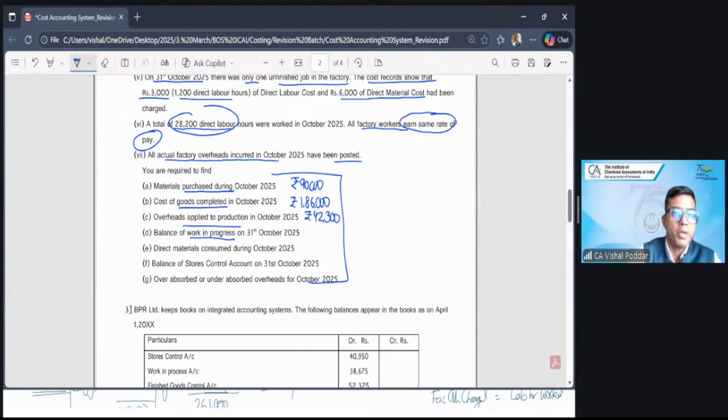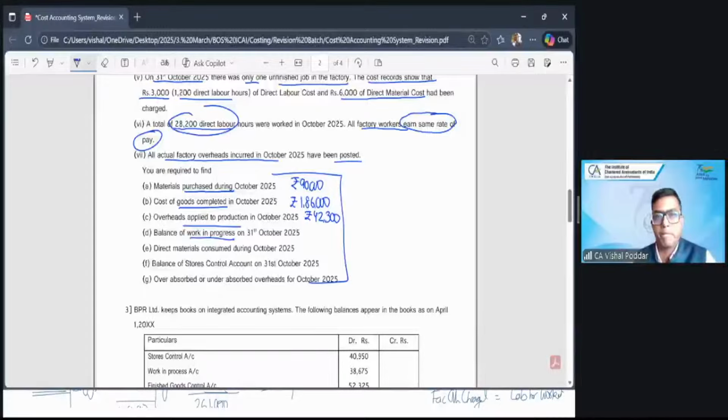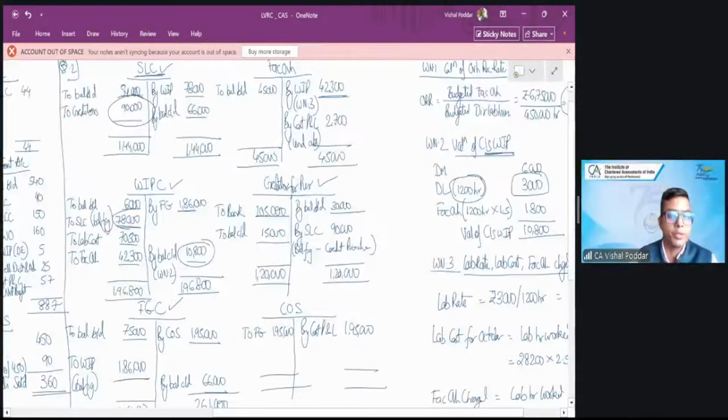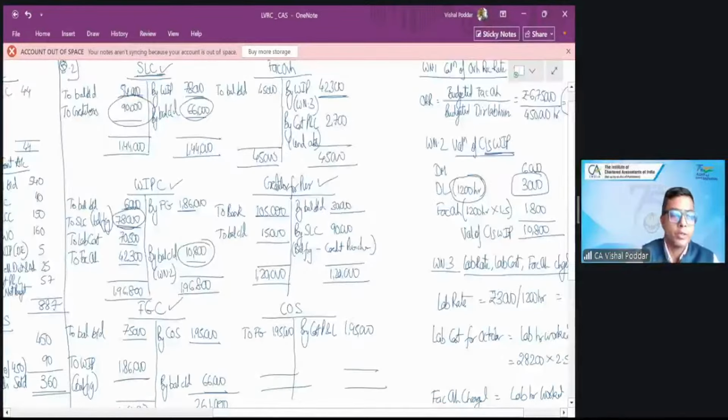Balance of WIP. We found out this. Direct material consumed. We found out this. Balance of material. We found out this.